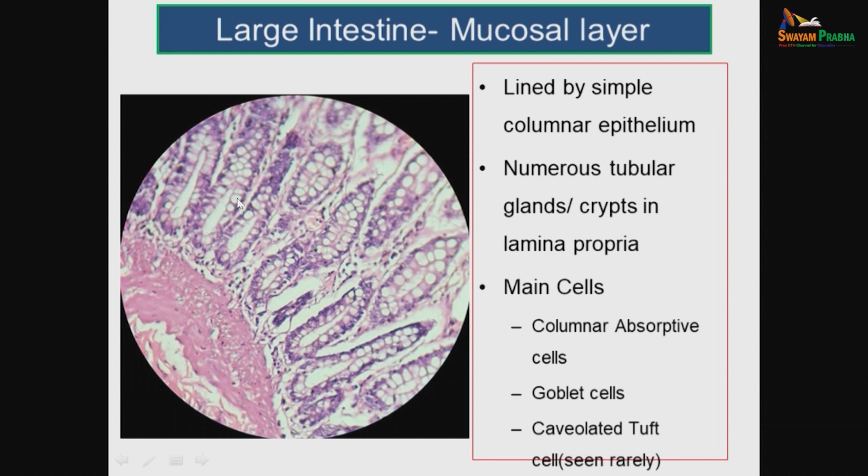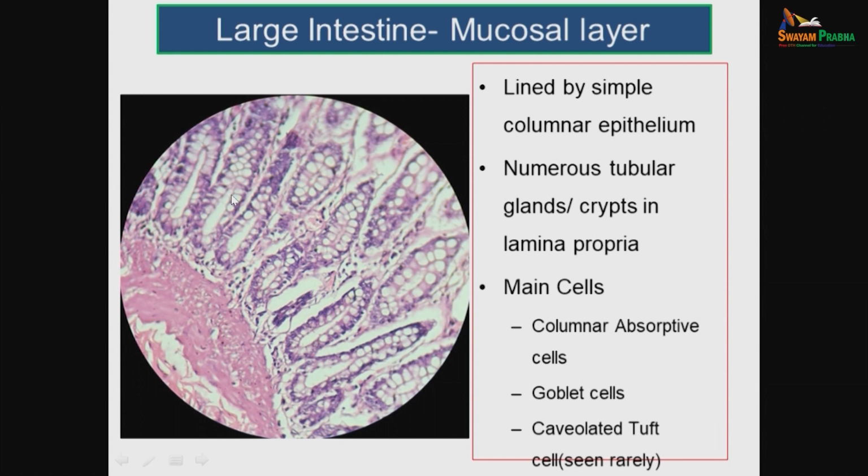That's because the goblet cells in general, in living persons, are filled with mucin. Whenever we take the section and process it, the mucous secretions are all emptied away because of the processing. So, they appear empty. Now, if we want the goblet cells with the mucous secretion to be visible in the microscope, we need to do a special stain which will take up the mucus.